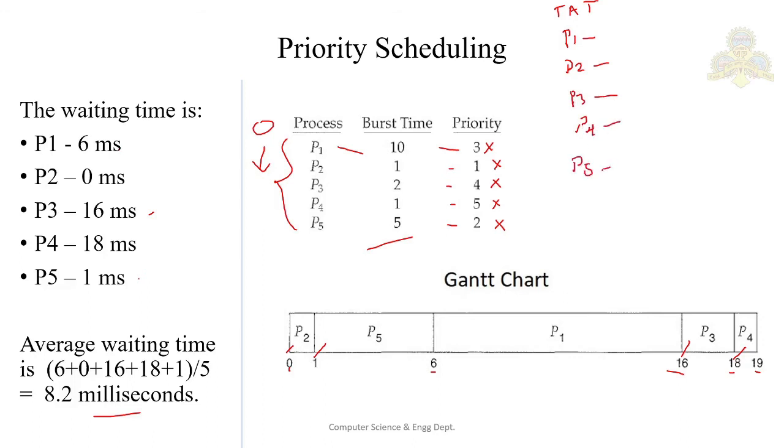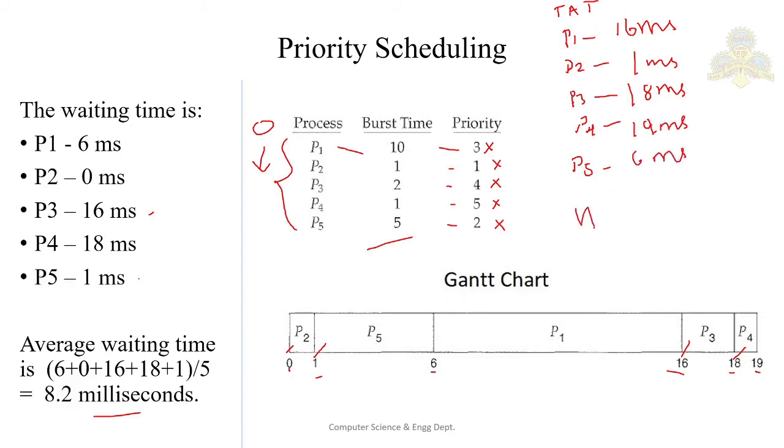What is the turnaround time for P1? Completion time, it is here 16 milliseconds. Then P2, it is 1 millisecond. P3, it is 18. P4, it is 19 milliseconds. And P5, it is 6 milliseconds.